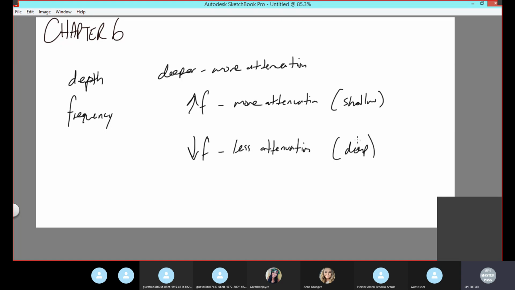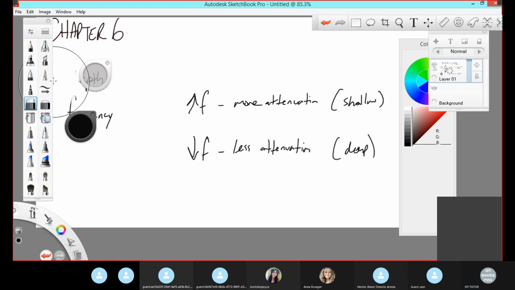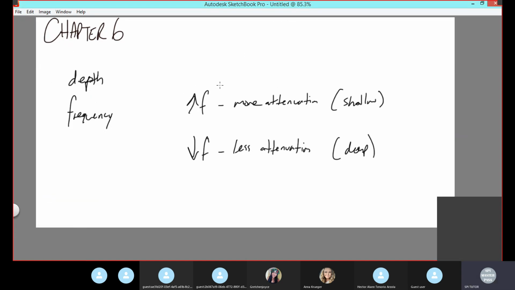Why? Because if you have high frequency, you have more attenuation, meaning you get weaker more quickly, so you cannot go the distance. You die out much quicker.